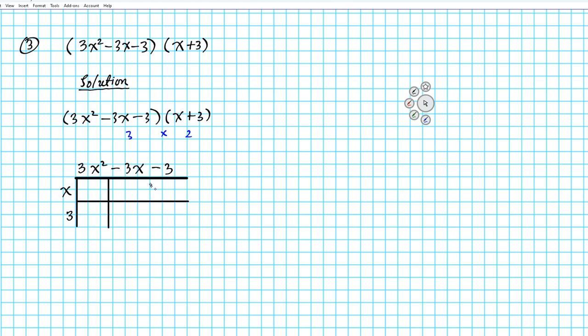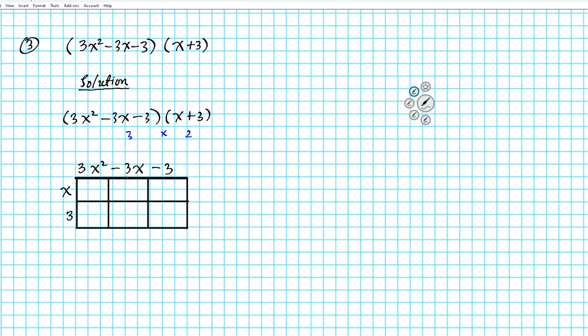It's kind of like a multiplication matrix or grid right here. Okay, there you have it. So now what we're going to do is just simply multiply terms row by column, and then put the product in the intersection of the row and column.